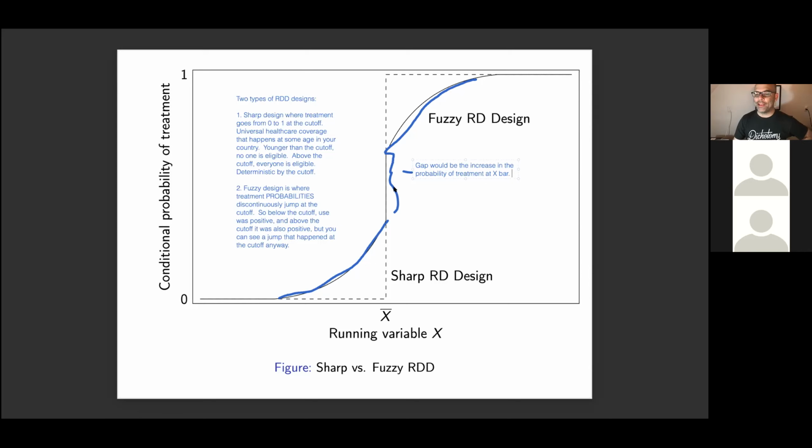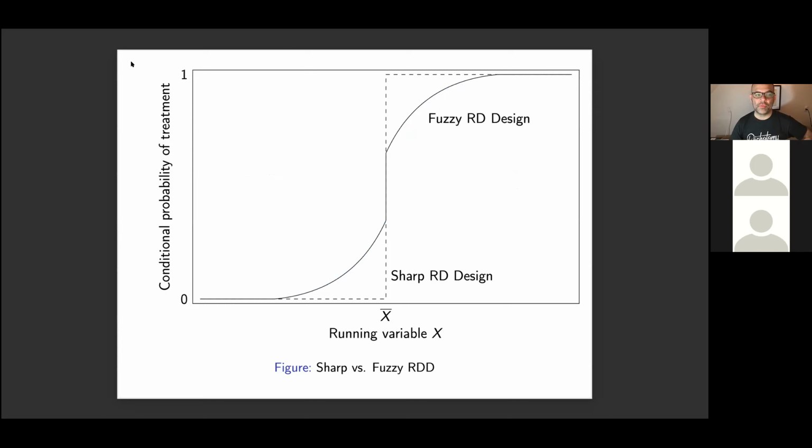And so that is just capturing those individuals at X bar who enrolled in the program as a result of the cutoff, as opposed to all the other reasons that people often use this program. So it's just a certain group of people.